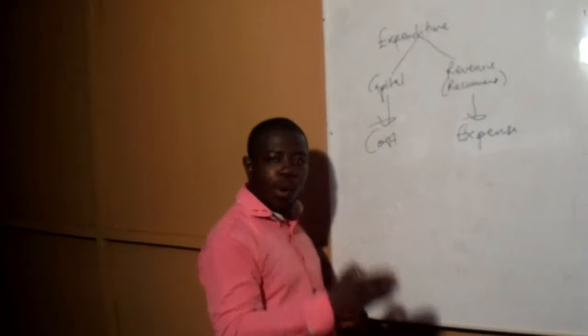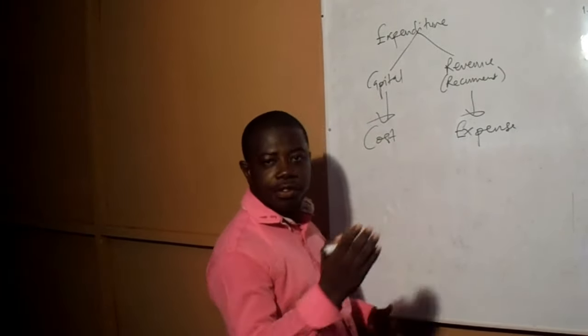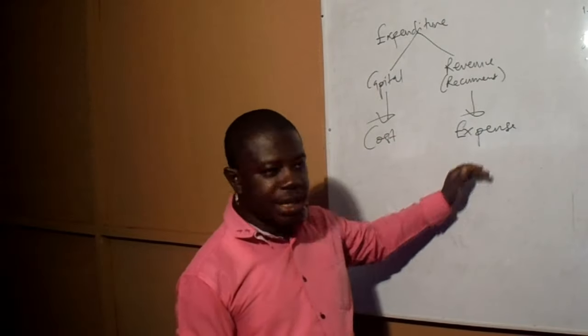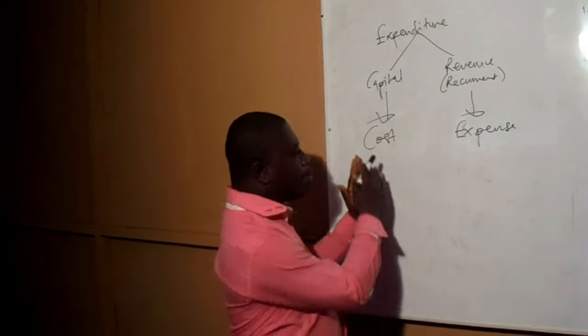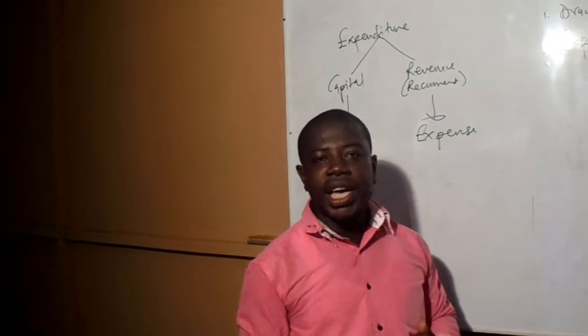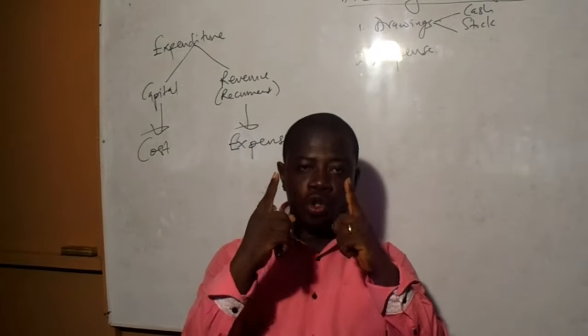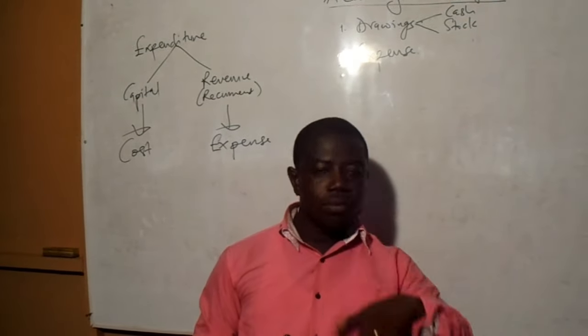And every year, the portion of the cost that is being taken off becomes an expense because we have used it off. So then what is an expense? Expense is the portion of cost that has been used off within the period. Or we can say that an expense refers to cost that has been used up or consumed within the period.